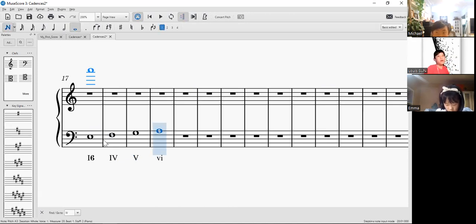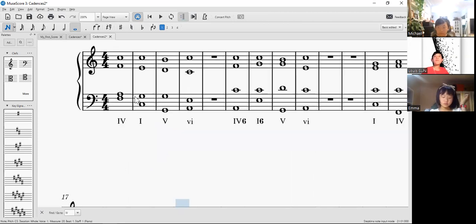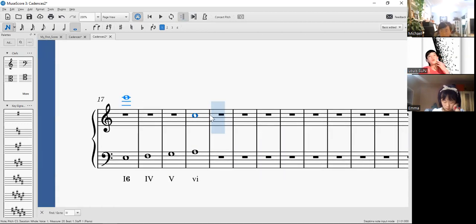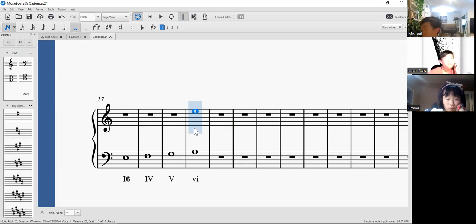Now, the bass is moving by step up, so it would be very nice if we can make our soprano move in contrary motion with the bass. Let's see how this might work. With the E. Okay, unfortunately, this might not work.